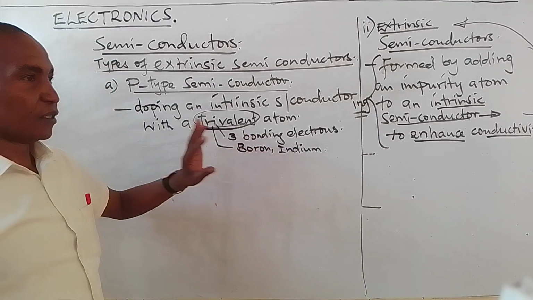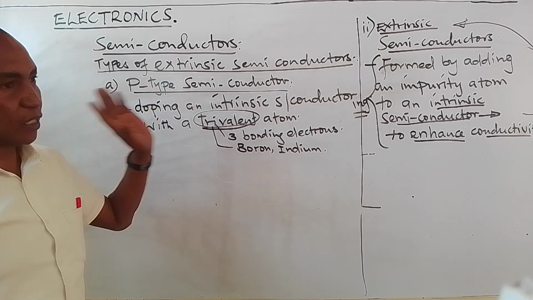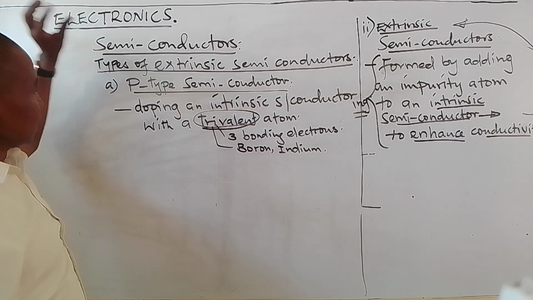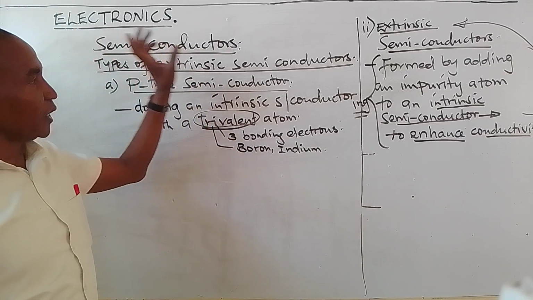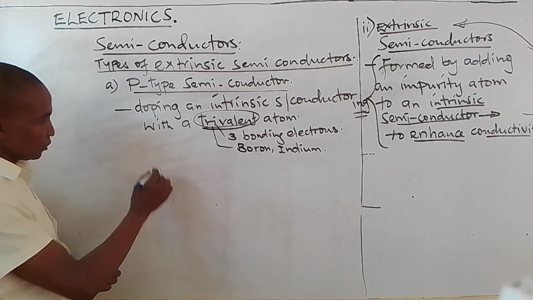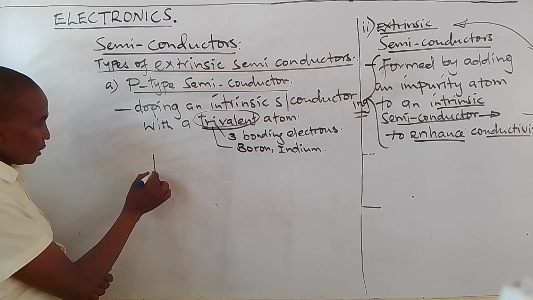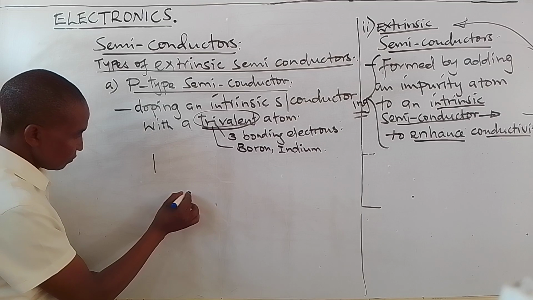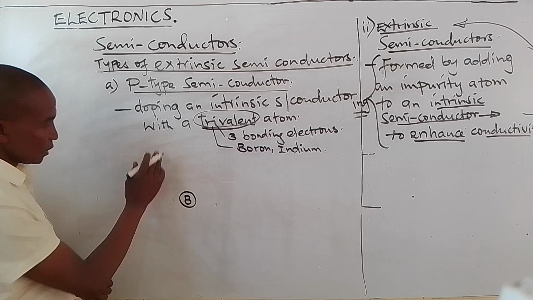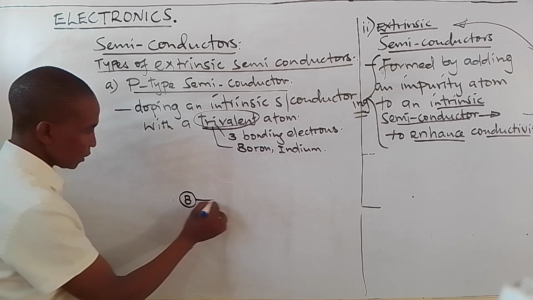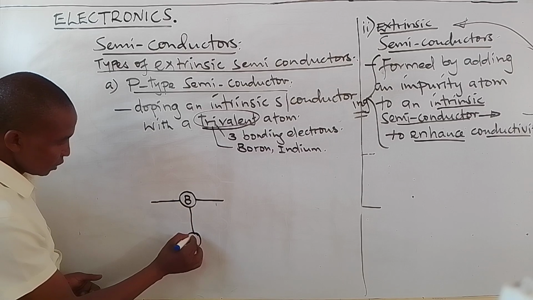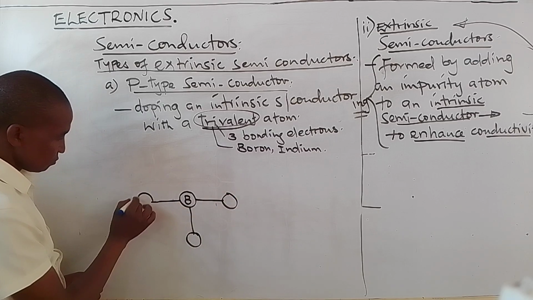So these are the trivalent atoms that shall be used to dope an intrinsic semiconductor to produce a P-type extrinsic semiconductor. Let's see how that process goes on. I will use a silicon crystal. So this is a boron atom. The boron atom has only three bonding electrons.